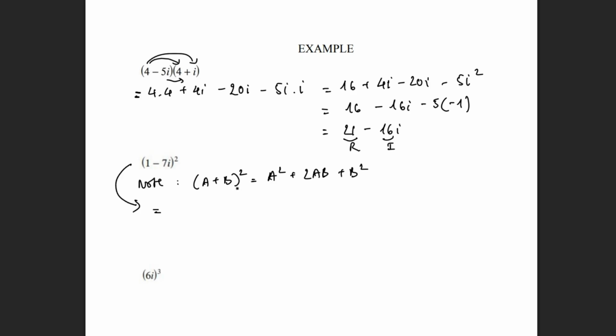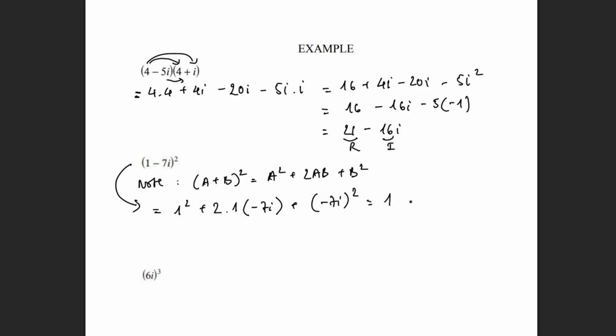So we will break it down into 3 terms. It's going to be 1² plus 2 times a times b. What is a? A is 1. What is b? B is -7i. Plus (-7i)².